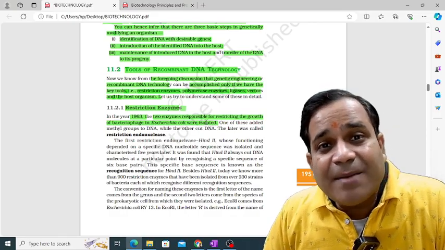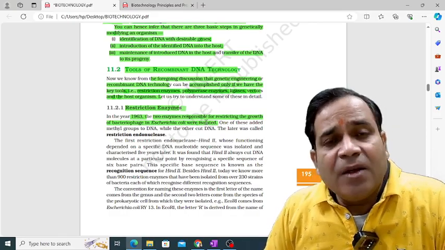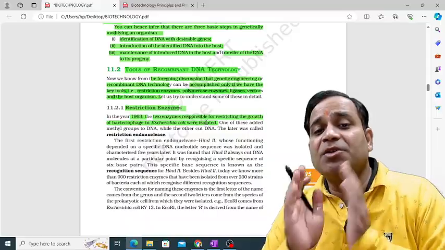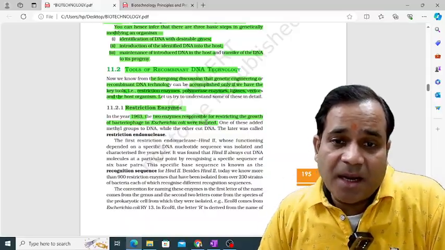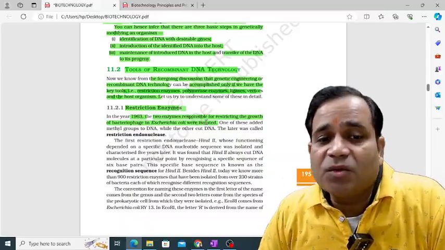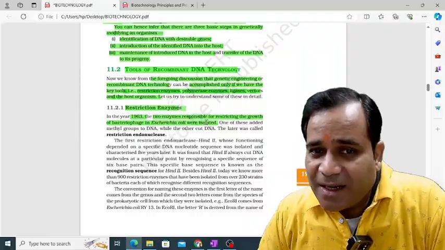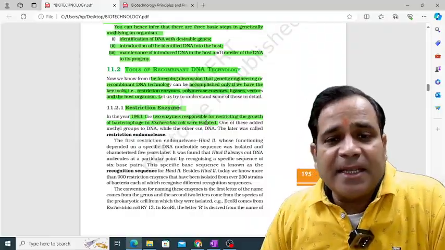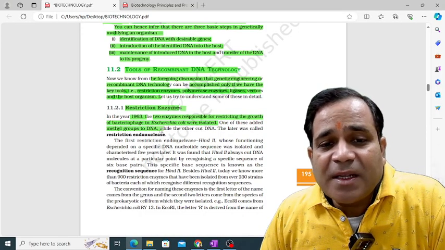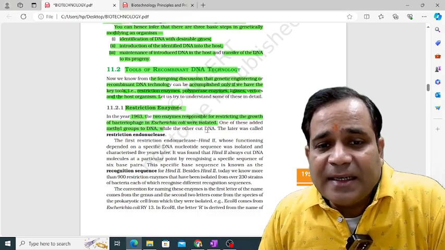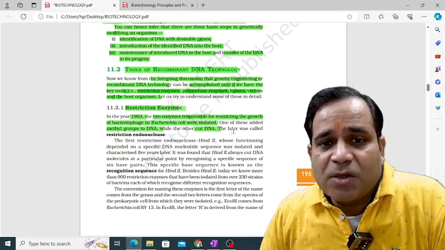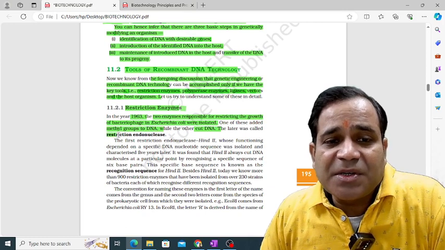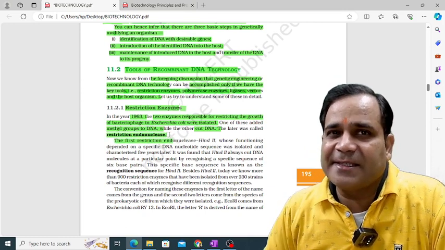One of these added a methyl group to DNA, while the other cut DNA. The latter is known as restriction endonuclease.